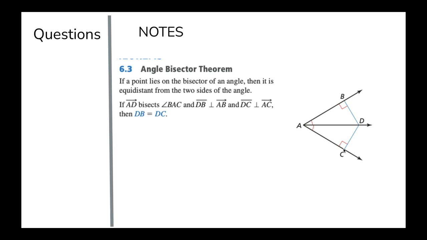You might recall this, we talked about it in a previous unit, where to get the distance from two different points, you need to have the distance from a point to a line. We talked about it being perpendicular. So in this case, from D to the side, it has to be perpendicular if we're looking at the distance. Now, if we take the point D and we find the distance from D to each side of this angle, because it's on the angle bisector, it's going to be equidistant, or the same distance.